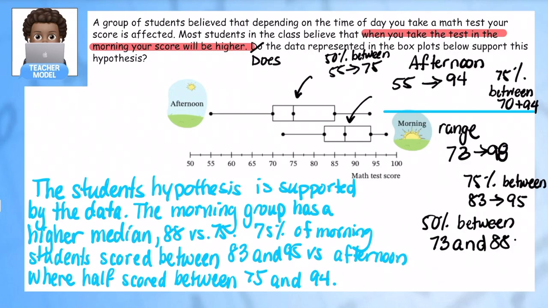And I probably should also name that. And you could also just see the box plot is further to the right, represents higher scores. I want to make sure you could actually see this part over here.